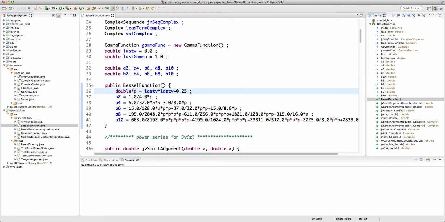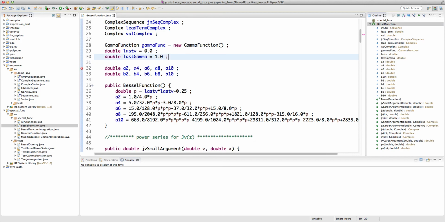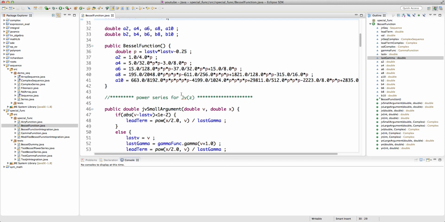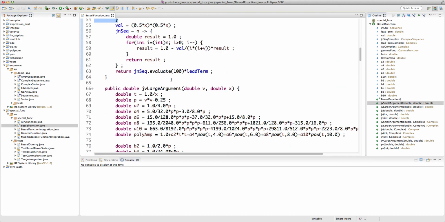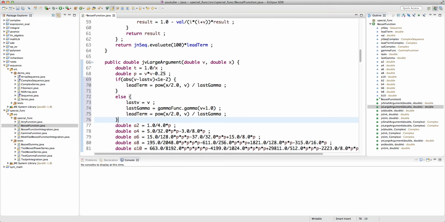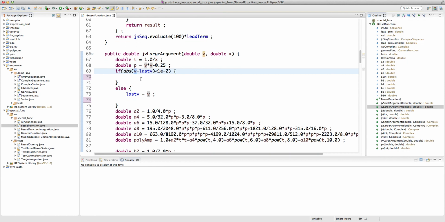And we can even define a parameter last p, for example. So last nu, last gamma, double, it's not necessary. So this is our a, right? And then here we use the same thing. So if nu minus last nu is less than basically 0.01, we don't need to do anything.